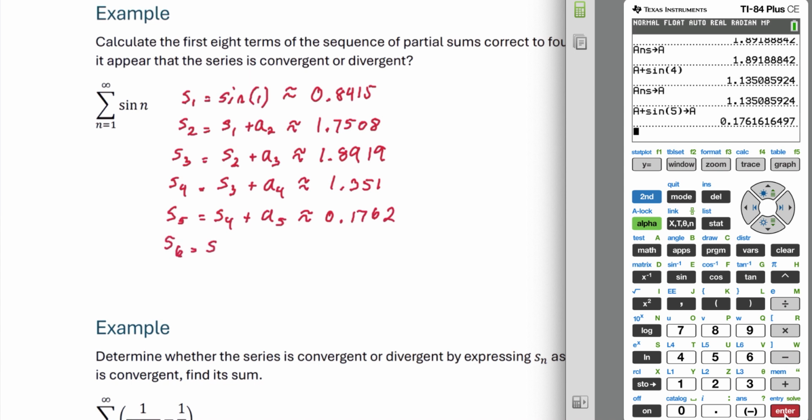S6 is S5 plus A6. Alpha A plus sine of 6.